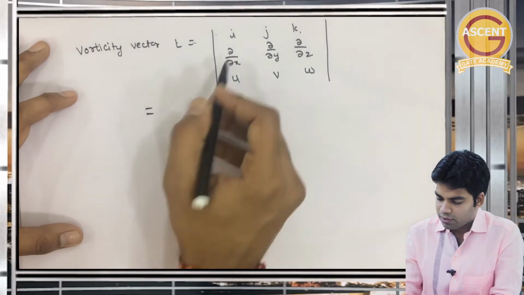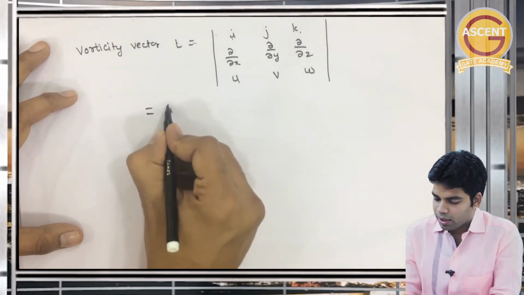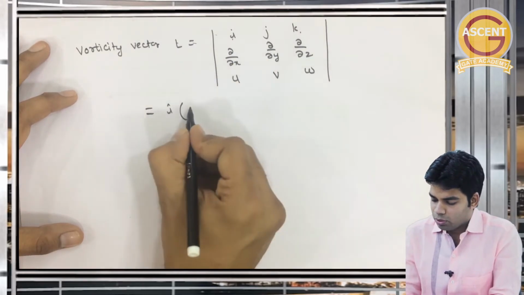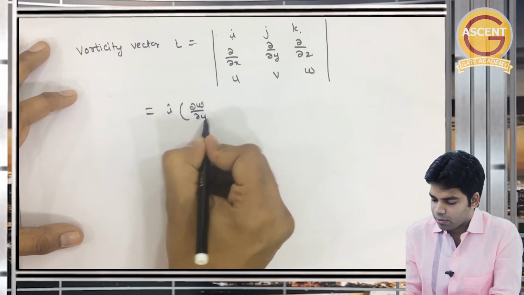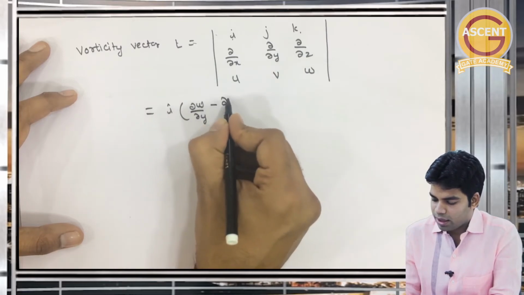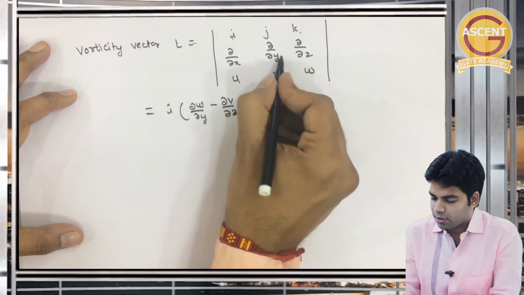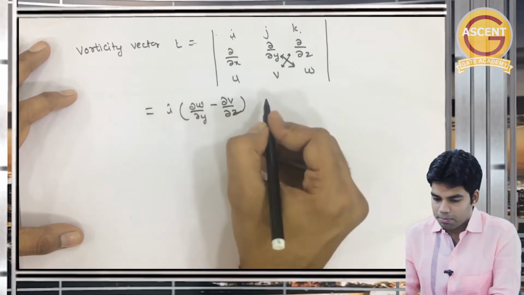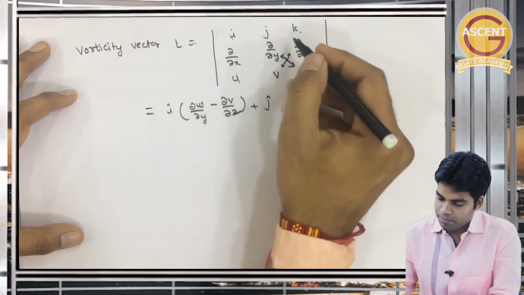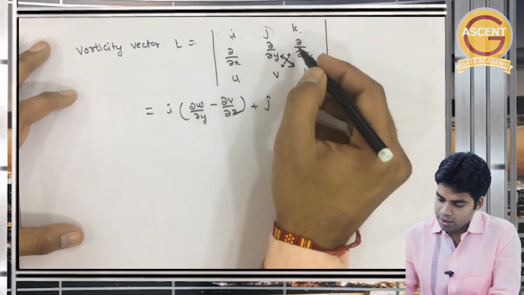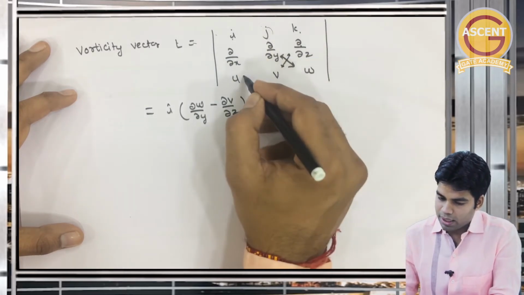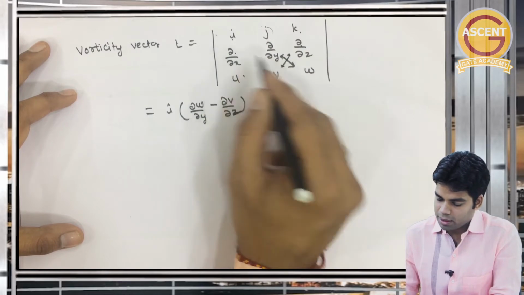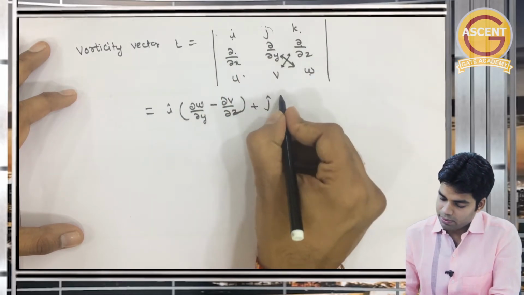So this vorticity vector will be equal to i cap into del w by del y minus del v by del z, this into this minus this into this. Getting this? Okay, plus j cap, when I am taking this, so this will be del u by del z minus del w by del x.